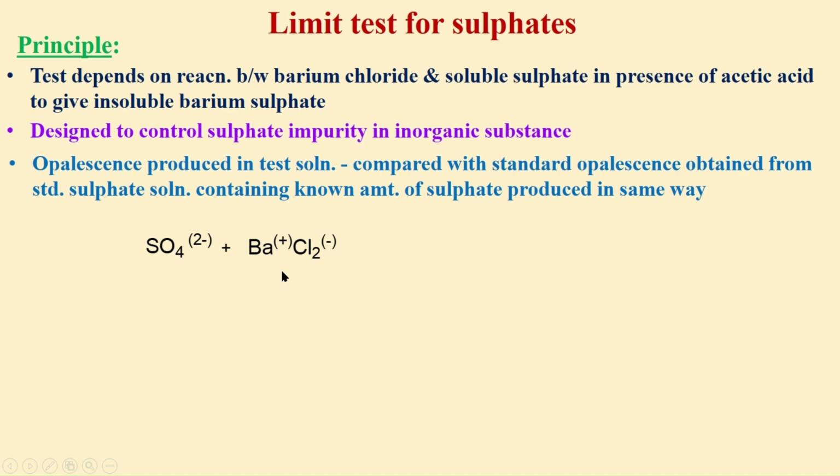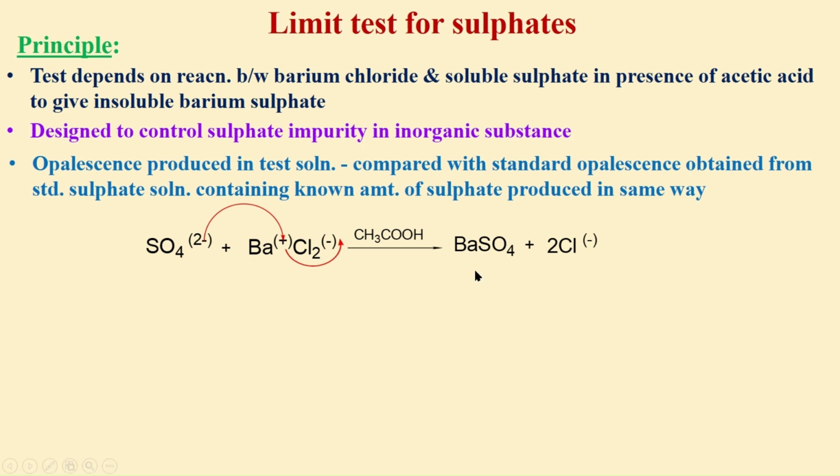Anions and cations have opposite charges. That's why the sulfate ions share their electrons with barium ions. When they share electrons, the chloride ions get removed, and in the presence of acetic acid the product formed is barium sulfate, which is insoluble in water.